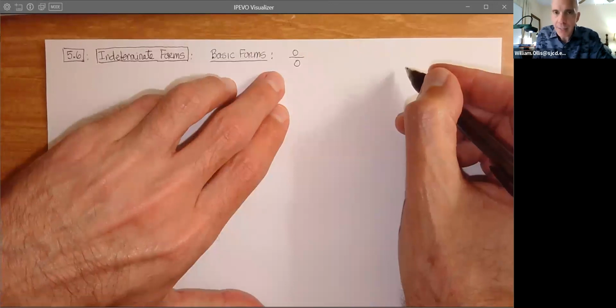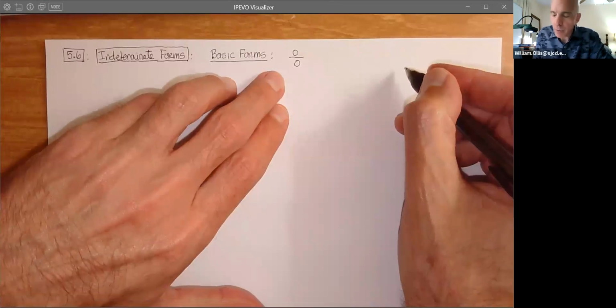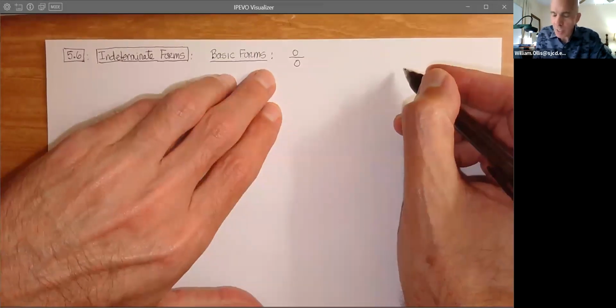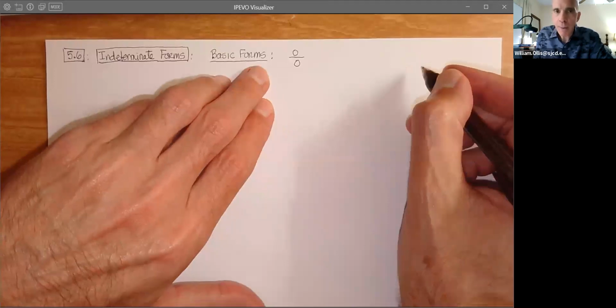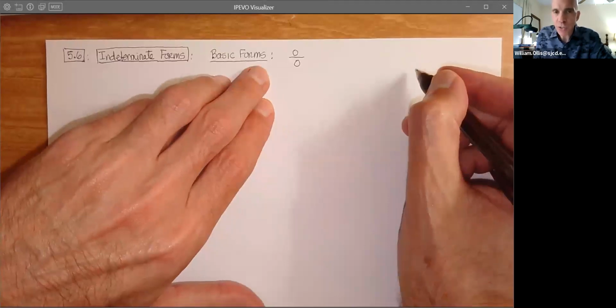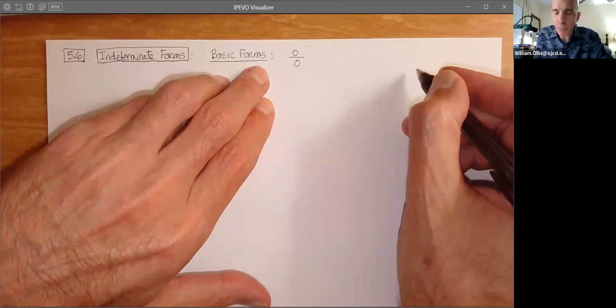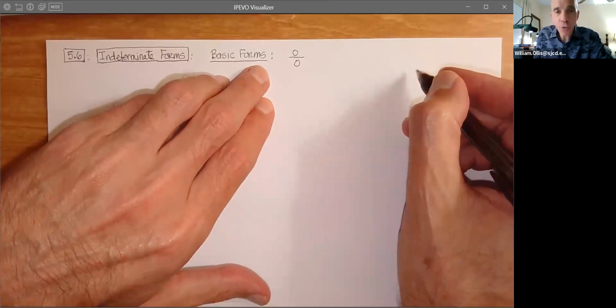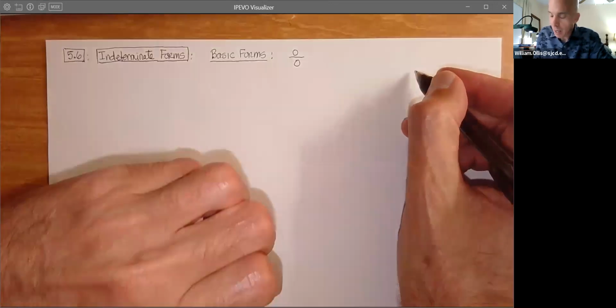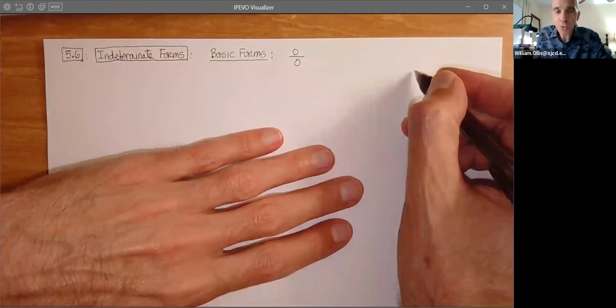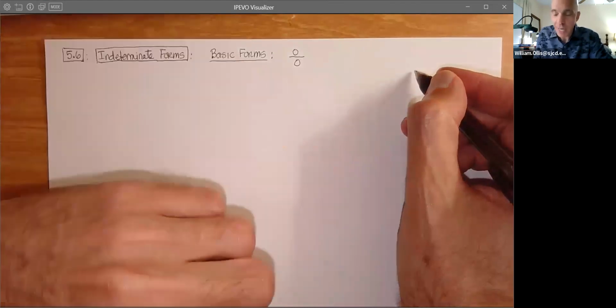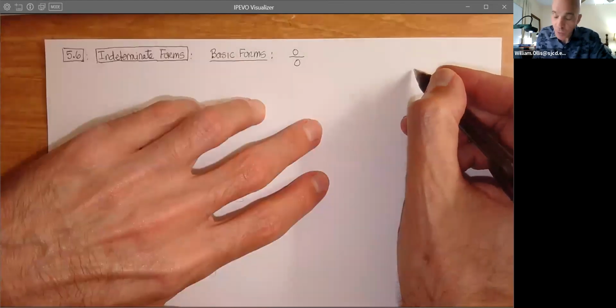We don't know what that is, but the rule or theorem is actually attributed to L'Hopital, though he was not the one who actually figured it out. It was one of the Bernoulli brothers, but it ended up in his first calculus text, and he credited the mathematicians who actually derived it. But history has proven that his name is still attached to it. So I guess he got a freebie.